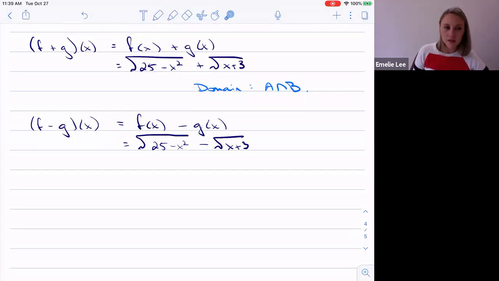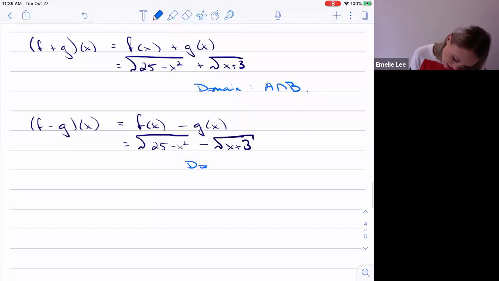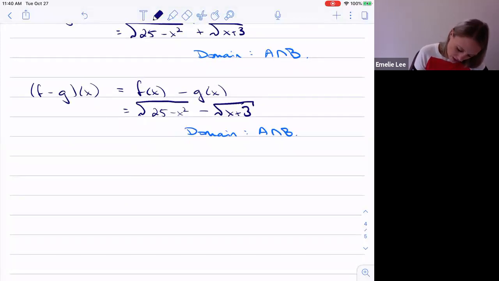Now, again, there's not much I can do to simplify this because I'm adding or subtracting, so I can't combine that root. So the domain is A and B again. Notice that this is a difference of squares, so we could factor this. I just don't see any benefit right now, or even later.